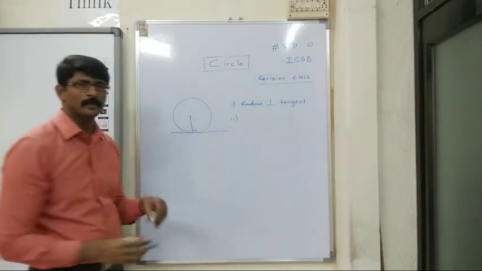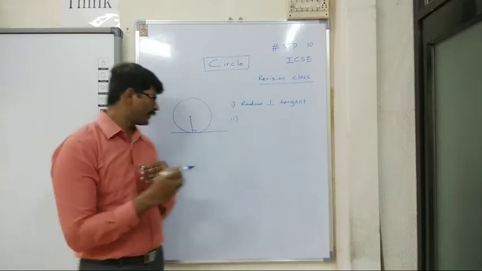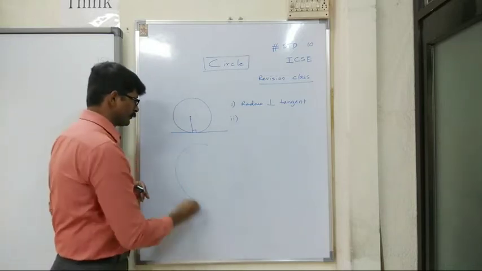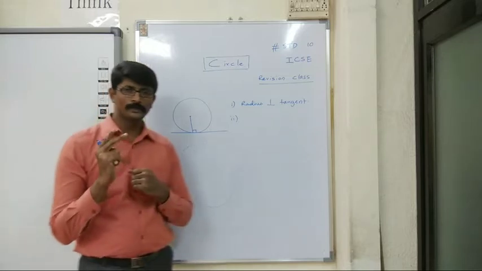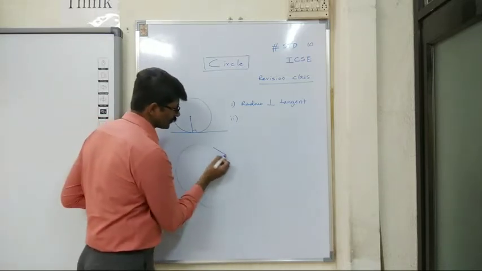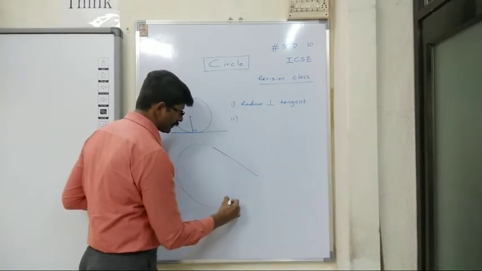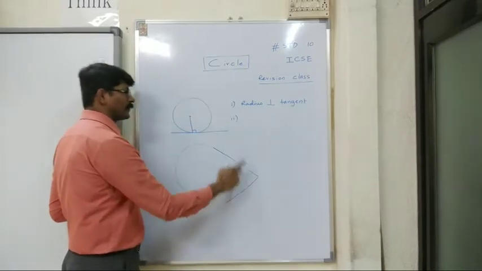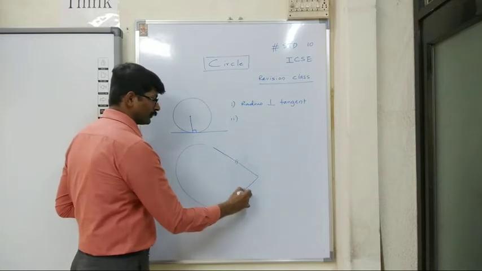Number 2. From an exterior point to a given circle, only two tangents can be drawn, and that too they are equal. From this exterior point, how many tangents can be drawn? Only two tangents can be drawn, and they are congruent.